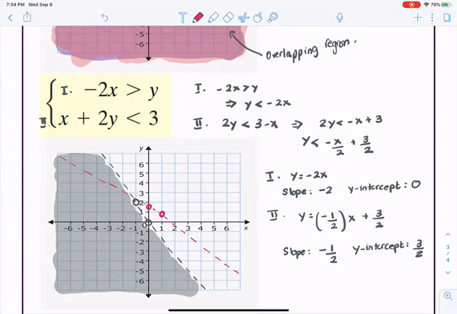And the next one states the inequality is y less than everything that the line covers. The line's kind of slanted.